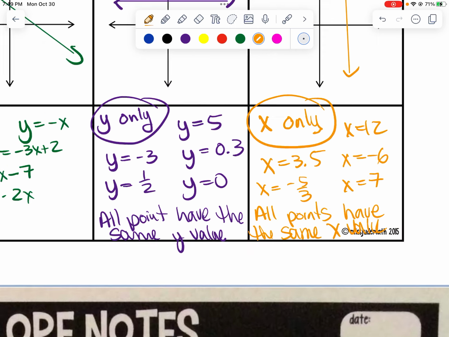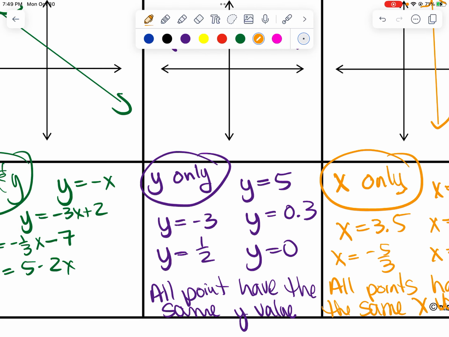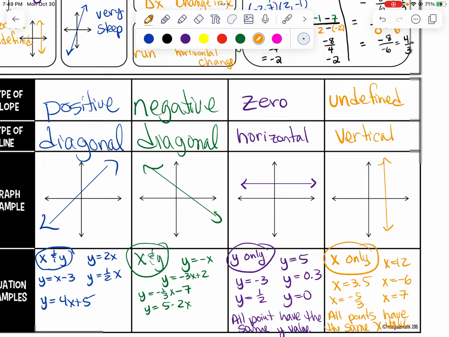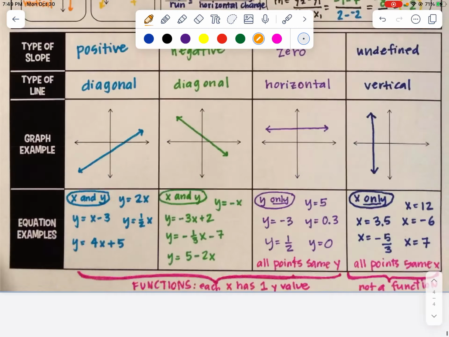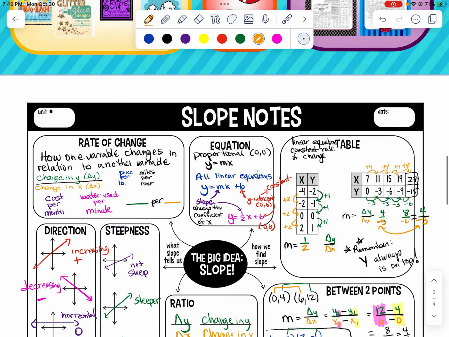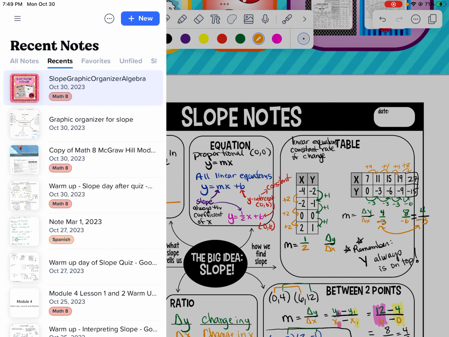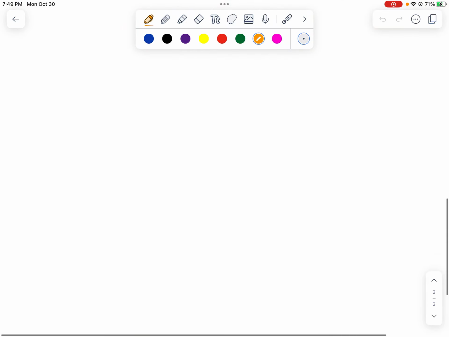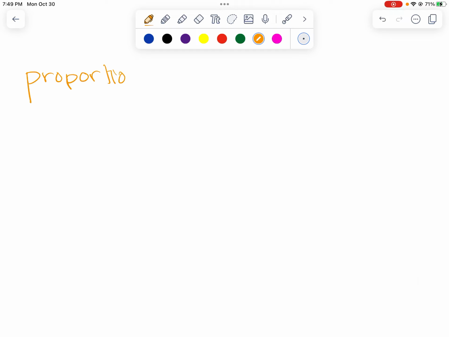Now there are a couple of things that I want you to put on the back of this. Maybe we're going to have to put it on another sheet. It's okay, I'll put it here. One of the things that we need to put on there: proportional relationships.